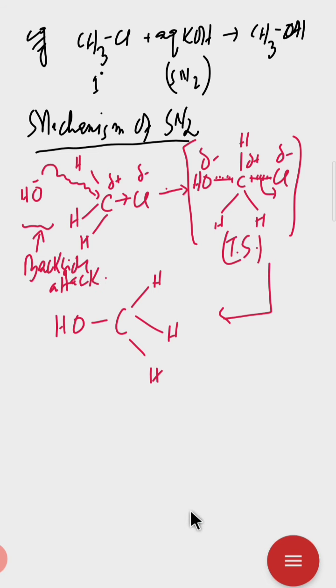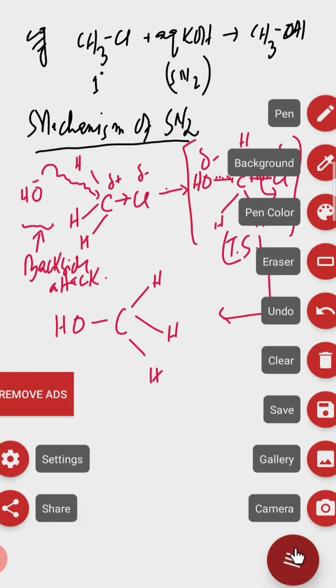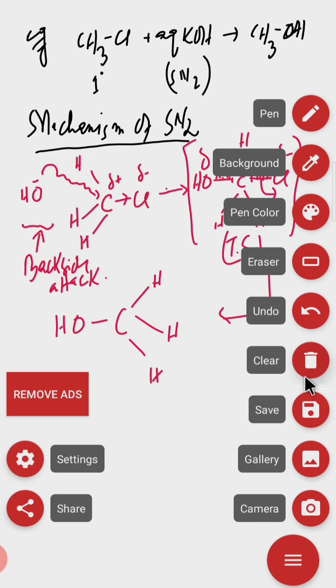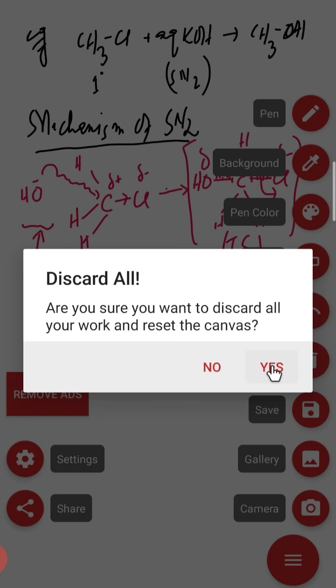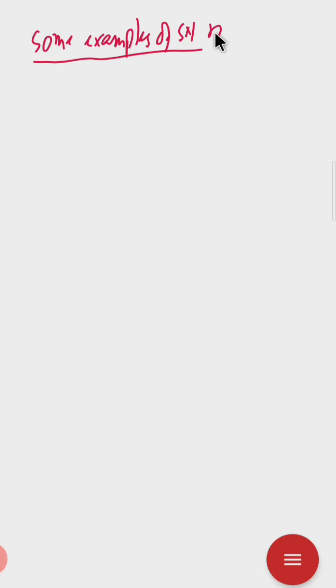Okay, now after this mechanism, I am giving some examples of SN reactions of haloalkanes, right? So for that, let me rough this page, some examples of SN reactions of haloalkane.